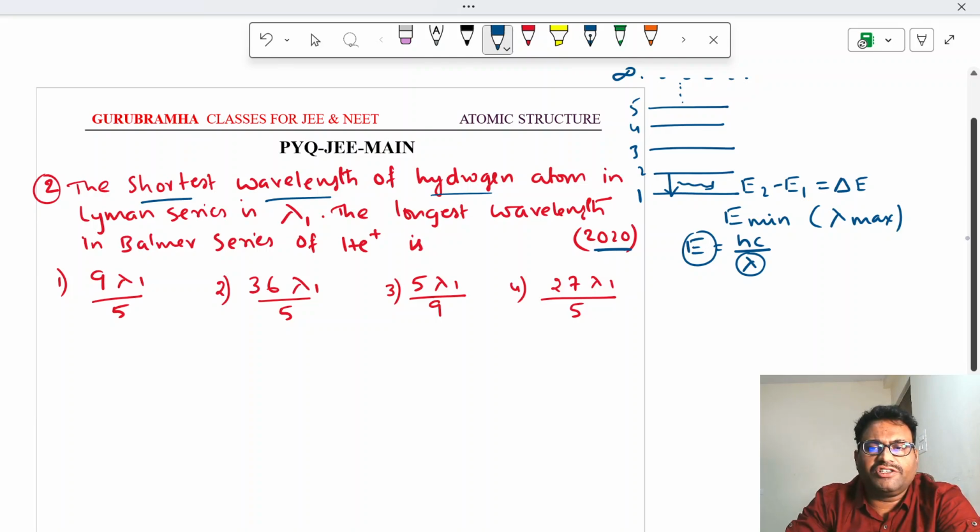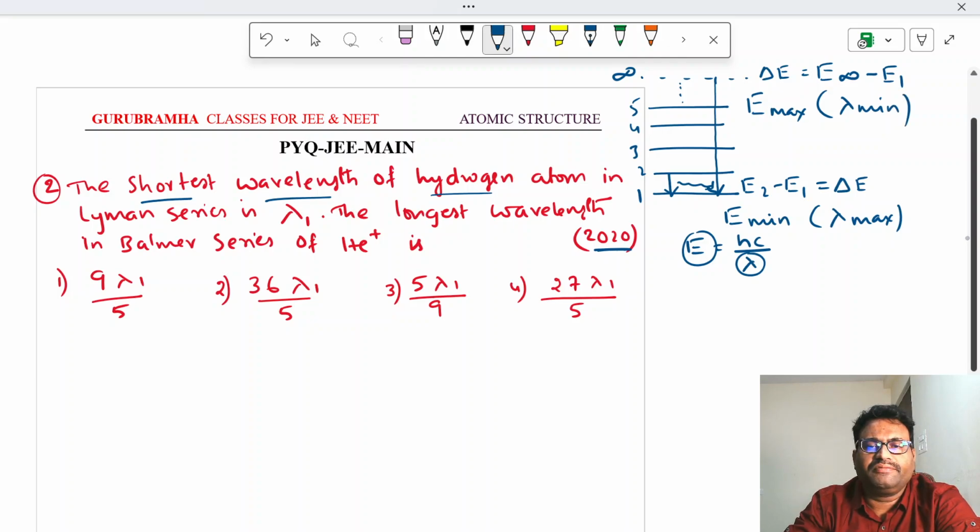If the electron is de-exciting from infinity to 1, so delta E is equal to E infinity minus E1. See, you are finding maximum, so energy will be maximum, so that wavelength will be minimum.